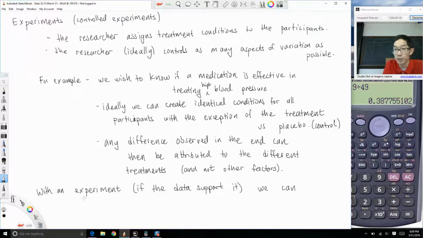Yes, question: could the other factors also be considered confounding factors? Yes. So in experimental design, you are trying to eliminate confounding factors. You're trying to assign your treatments in such a way that there won't be confounding factors. But if you can't eliminate them, then they remain.